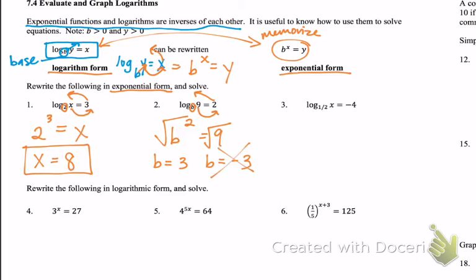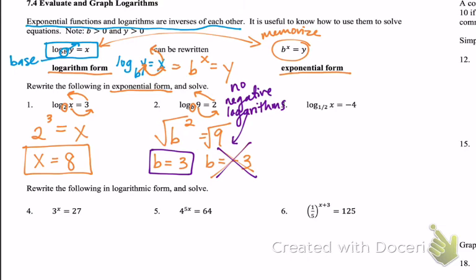But negative 3 would not be a solution because you can never have negative logarithms. So in this section or this unit, no negative logarithms. So anytime you get a negative solution, it does not count. It's extraneous or whatever you would like to call it.